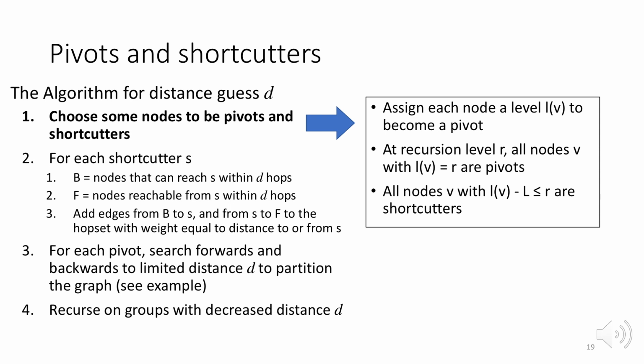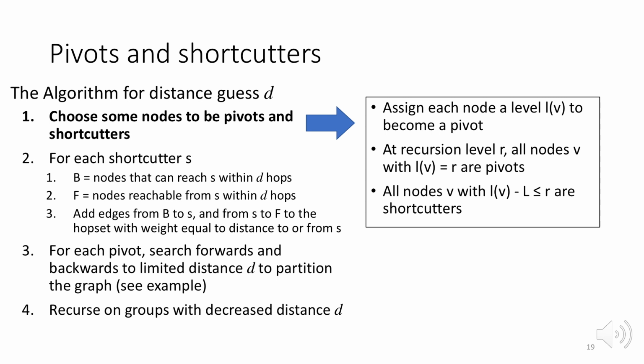Now let's look back at the algorithm. So the first step was to choose some nodes to be pivots and some to be shortcutters. So here I'll get to how we do that a little bit more specifically. First, we assign each node a level to become a pivot. So that means that at level of recursion R, all nodes where the level is equal to R are pivots.